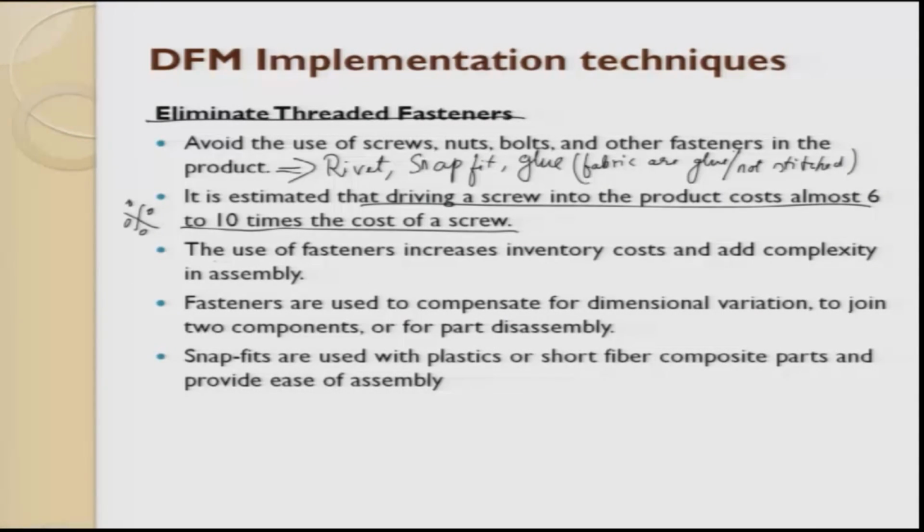The use of fasteners increases inventory cost and also complexity in the assembly, because it might look very easy, but every time you have to fasten a screw it takes a lot of time. For example, in PC assemblies, personal computer desktop type, if the depth where you have to put a screw is large, then the assembly becomes a problem.